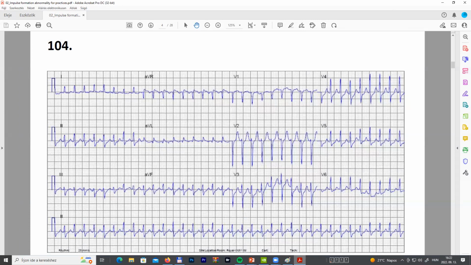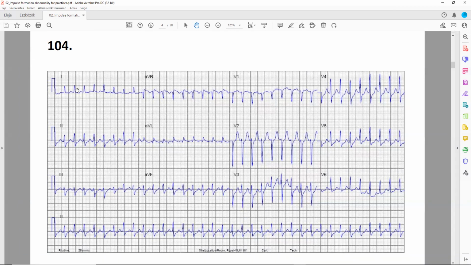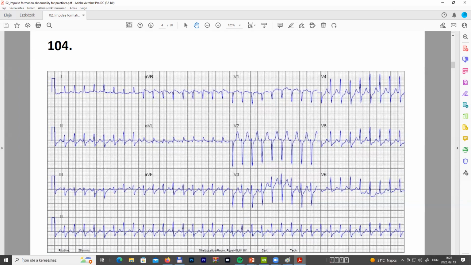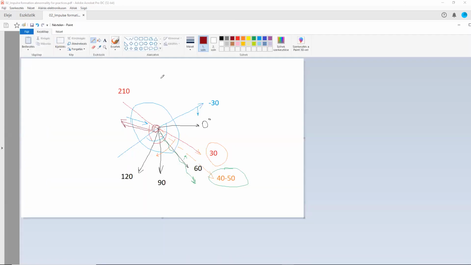So it'd be 60. Well, you said minus 30. You said lead 1 is positive, which means that you are on the left side. Lead number 2 is equiphasic, so you are here somewhere.